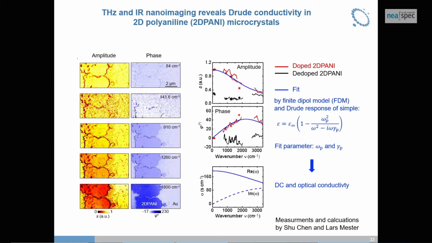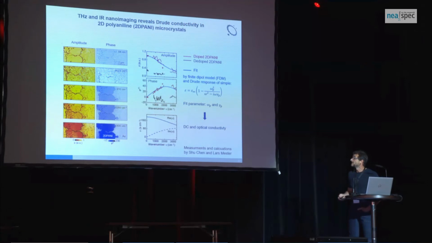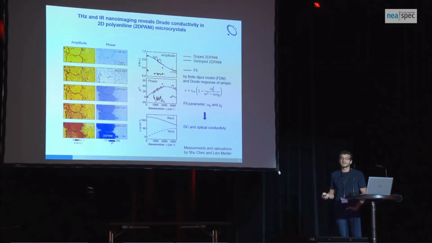A nice advantage here is that we can really prove that it's a Drude response, because of the Drude behavior, and we can do that without any current, without any contacting of this material. I think that's a really interesting new application, looking at conducting polymers in combination with molecules. I think there's a lot one can learn.